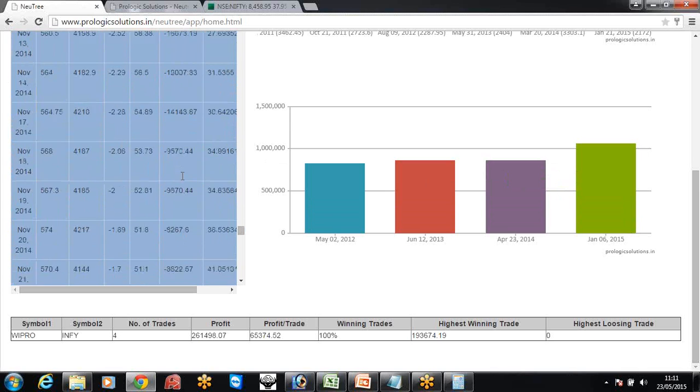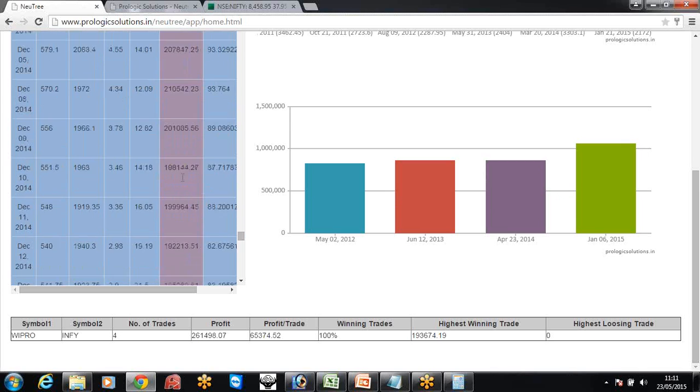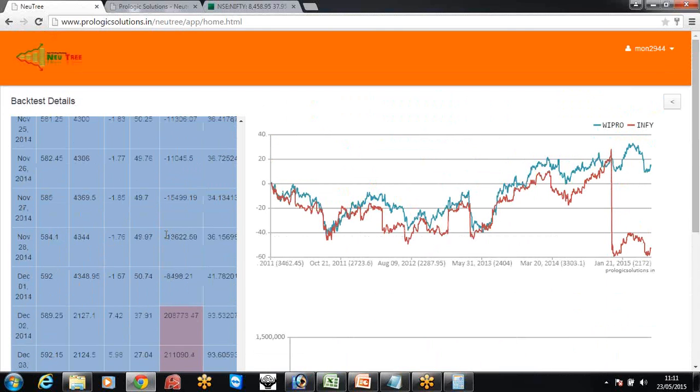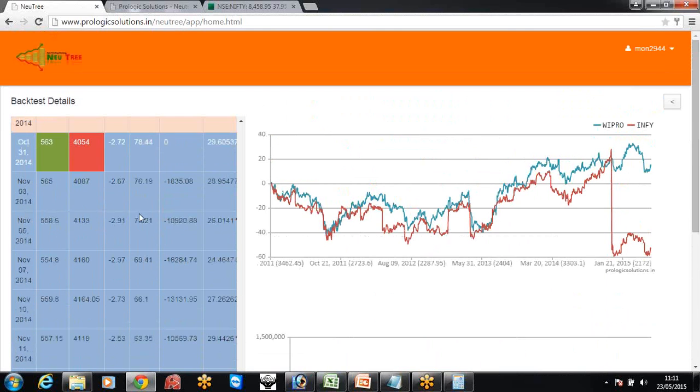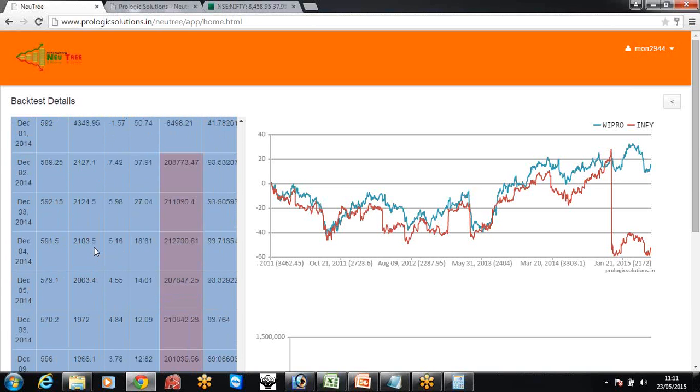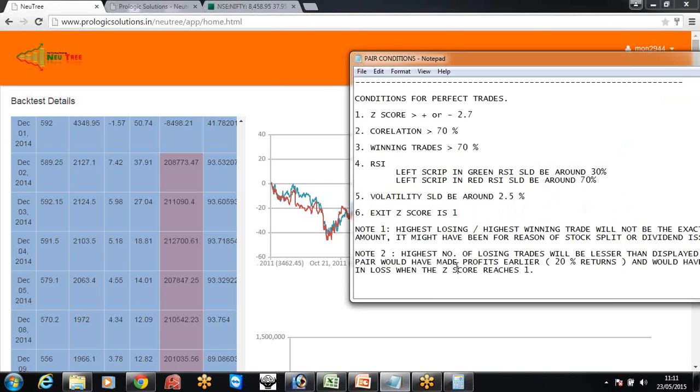So this is a recent trade what we had. So Wipro was in buy and Infosys was in short. I think this particular trade is not the perfect trade. I am showing you the reason why I have put this.